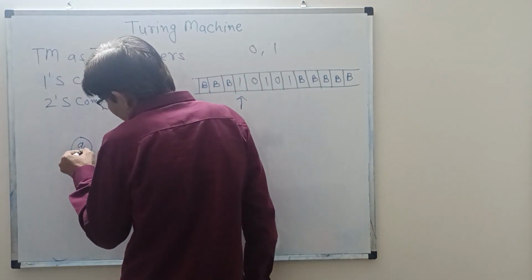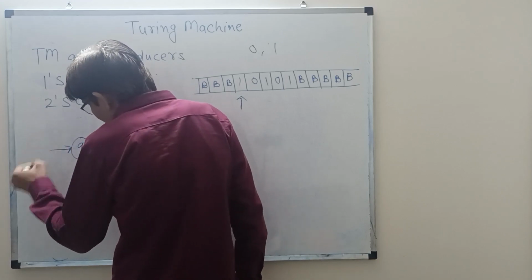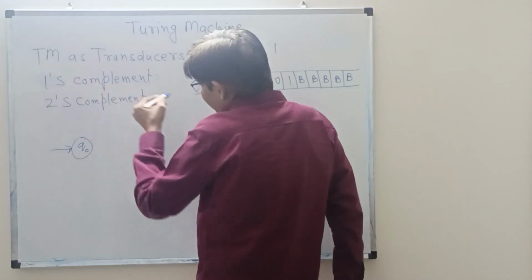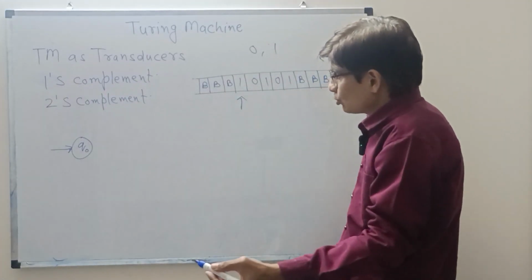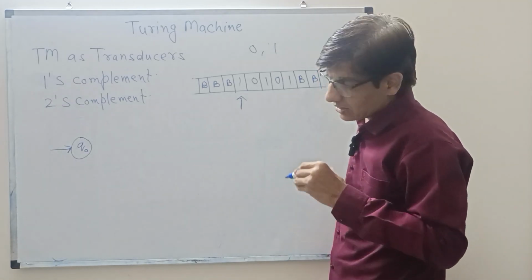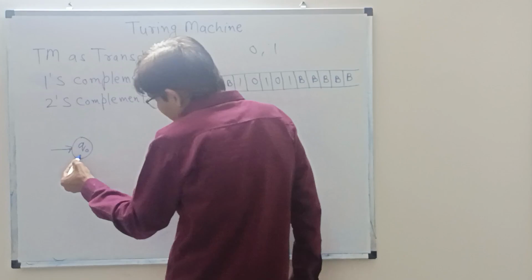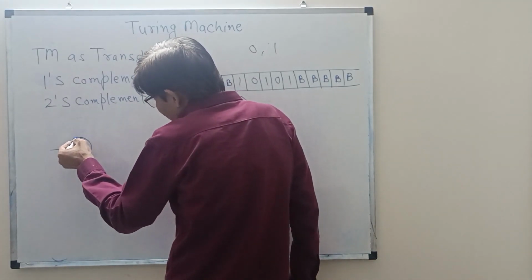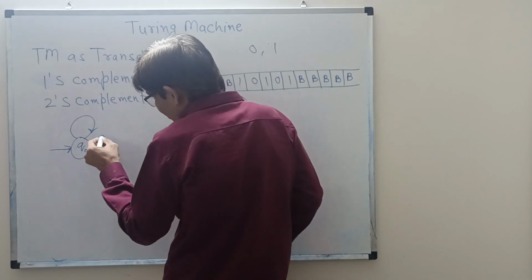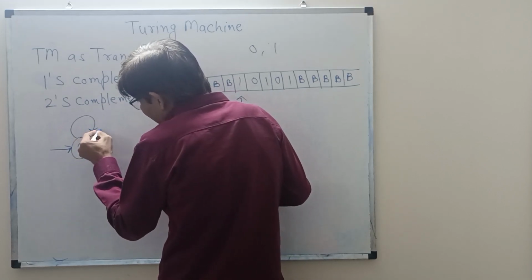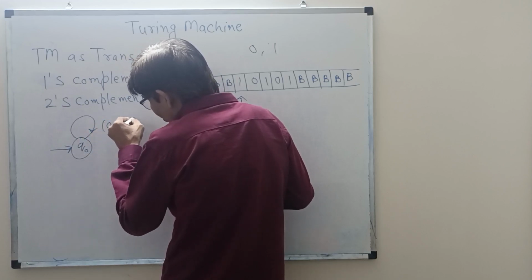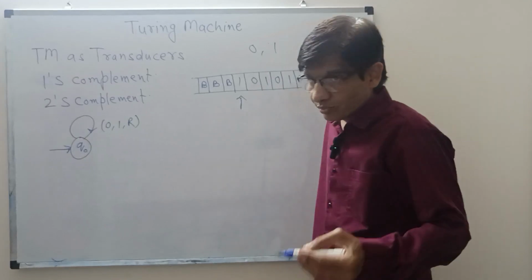we always take q0 as the starting state. So in this particular machine, for one's complement, if you are getting a 0, you need to convert it into 1, and if you are getting 1, you need to convert it into 0. So suppose you are on q0 and you are getting 0, you can stay on q0, convert this 0 into 1, and move towards right.